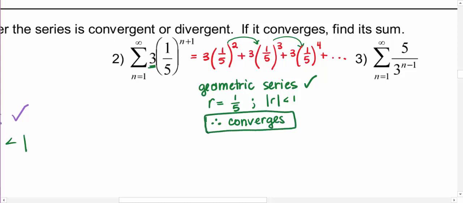Now, this should make sense to you because if we remember something like y equals ab to the x, that was our typical exponential growth or decay. And what I remembered is if that base was less than 1, we had exponential decay. So it looks something like so. And so my last term would end up looking like 0, which at least gives me a chance for something to converge.